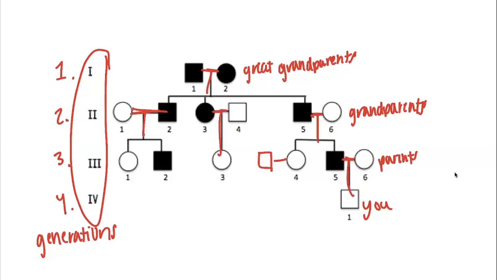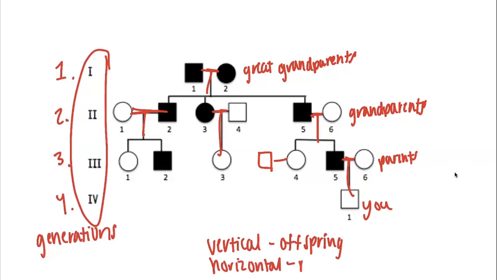So again, vertical line means offspring, and the horizontal line means marriage. Again, square is male, circle is female.